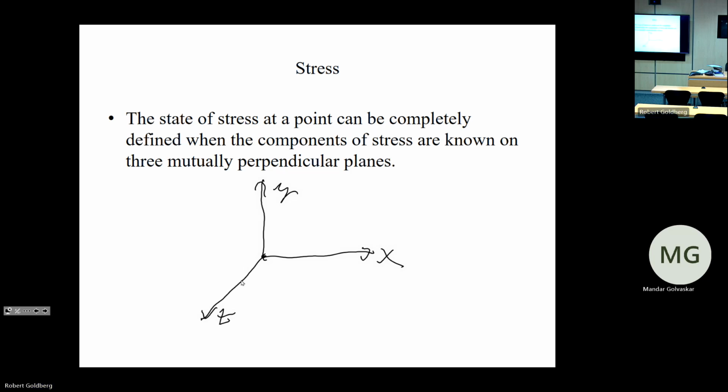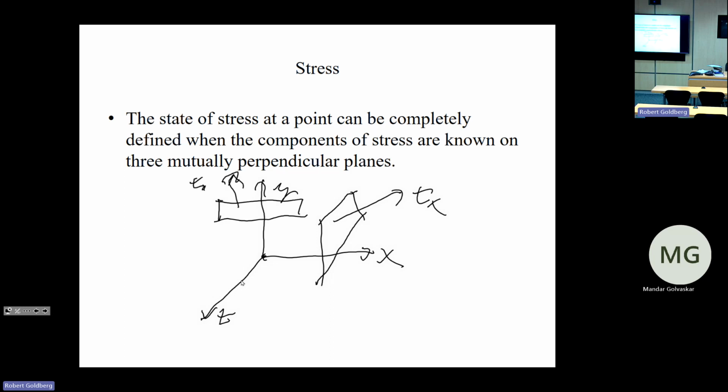We have a plane perpendicular to the x direction with a component of our stress vector acting on this plane. We have our plane perpendicular to the y direction, with our component of stress acting on it.